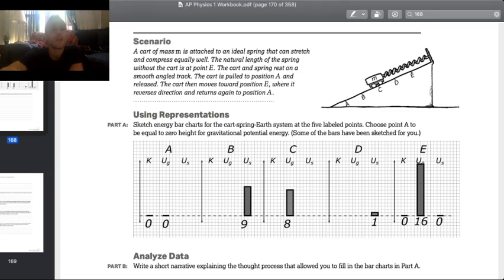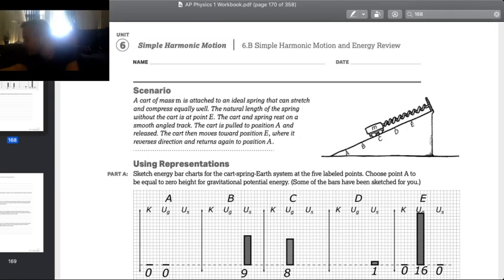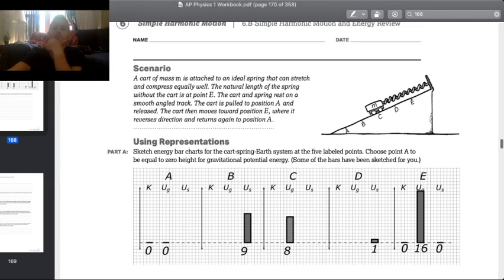Okay, so let's get to it. So we're doing some simple harmonic motion today, starting off with this problem. It says a cart of mass m is attached to an ideal spring that can stretch and compress equally well. The natural length of the spring without the cart is at point E. The cart and the spring rest on a smooth angled track.